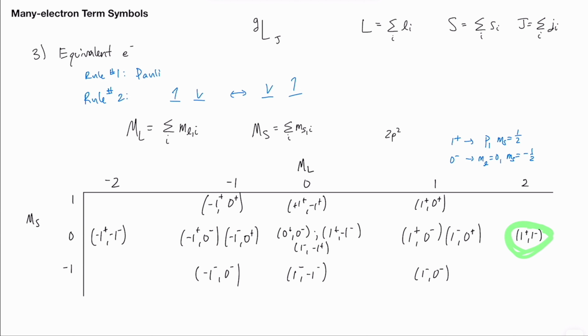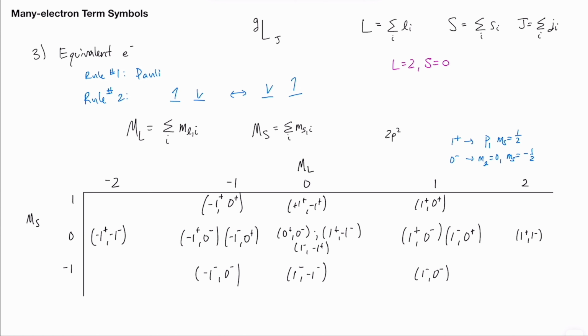And so if the largest combination here is m sub L equals 2 and m sub s equals 0, then that corresponds to having, let me write this over here, L equals 2 and S equals 0.